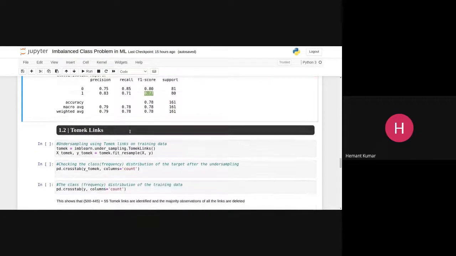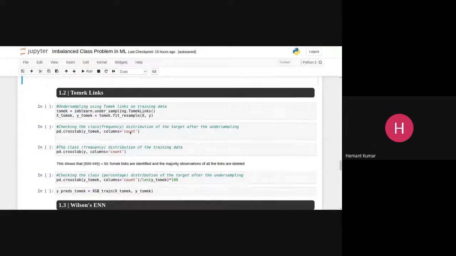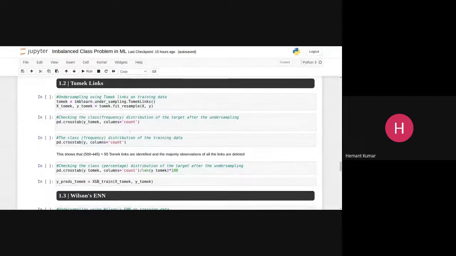The second approach, after random undersampler, is Tomek links, which is again a part of undersampling. For applying it, we use the Tomek links function. Simply, we have a variable that stores the Tomek links function, and we apply fit_resample to resample our data set.